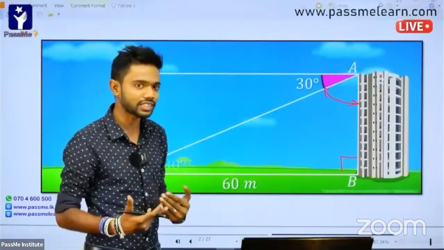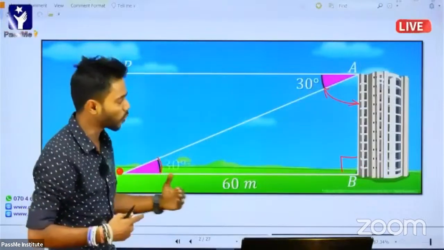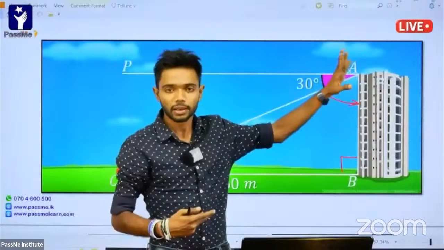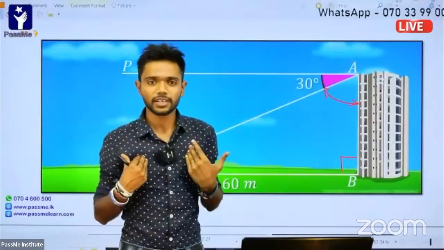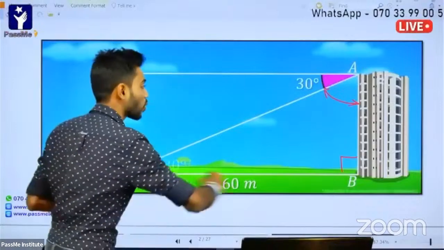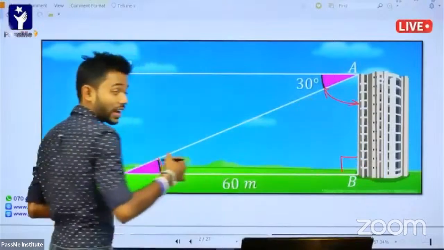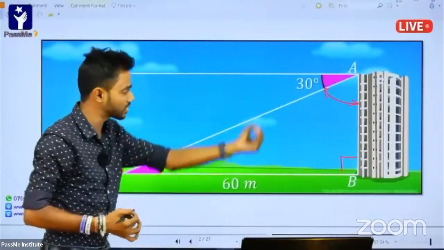I will repeat that sentence again. So this is a practical kind of example. You want to find the height of the building. Now that is the question I have. What I can do now is draw this building and identify the right angle triangle like this.